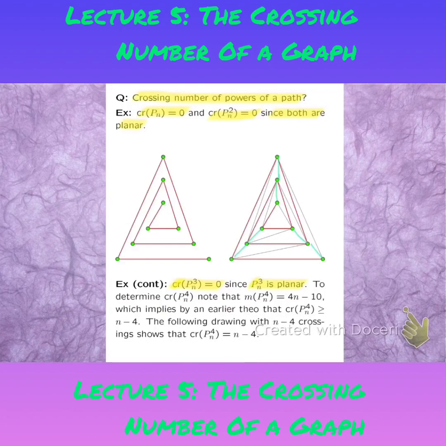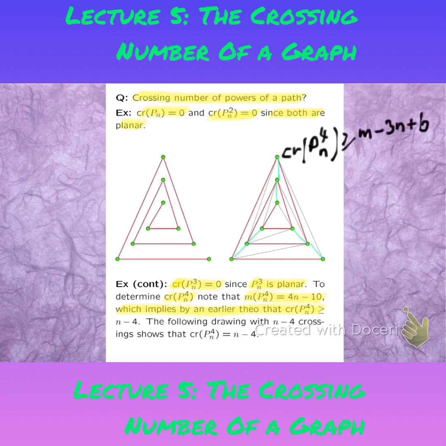Right, so now the question is, what about P to the power of 4? Right, so what's the crossing number of P to the power of 4? Now, it's important to note that the size of Pn4 is 4n minus 10. We'll just quickly see why that is the case in just a moment. And that will imply, by our earlier theorem, we apply the lower bound that we obtained for the crossing number.